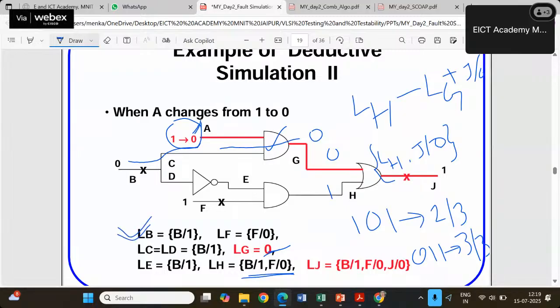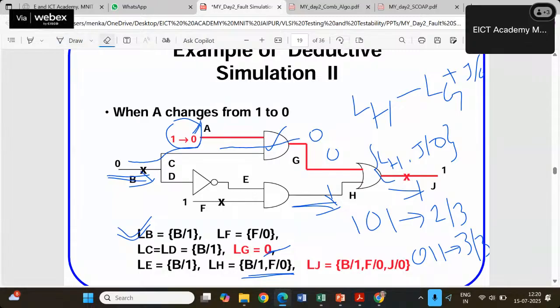LB is the list of fault sets at that particular branch. L is the list of faults that can propagate through this branch, that is LB. LH means the list of faults propagated through this branch. LJ is the list of faults propagated or detected at this particular branch. I hope you got it, Mr. Sai Kumar.